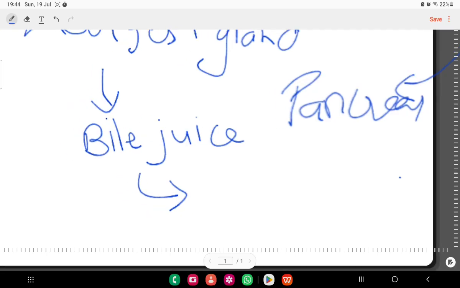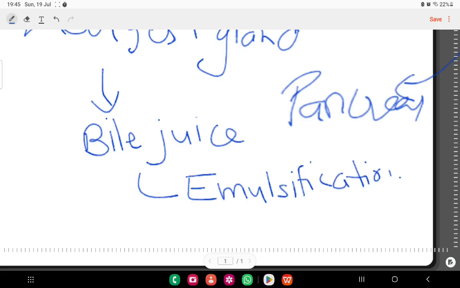But before that, let us see what the function of bile juice is. Emulsification of fats. Sorry, long spelling. Emulsification of fats.